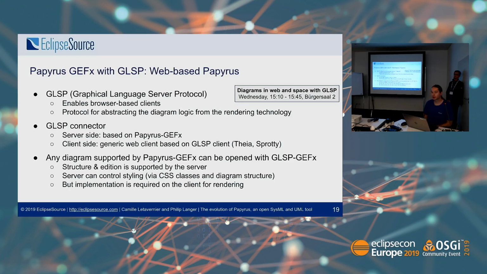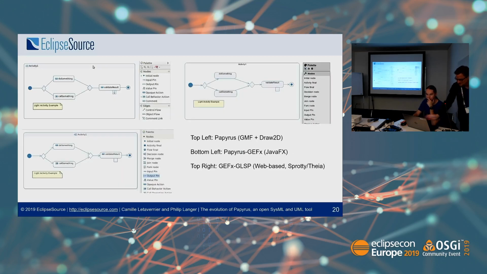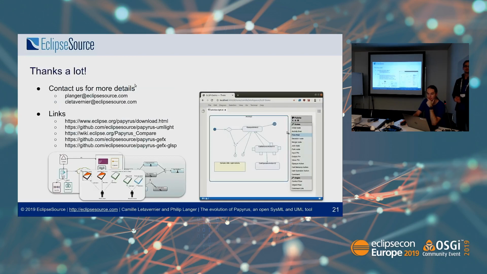Most of the structure and edition is preserved, but the styling needs to be customized on the client side for now. So that's something we still need to support. And I have to stop here. Thank you very much. Thanks a lot. I think we are done more or less anyway, and we are happy to take any questions.